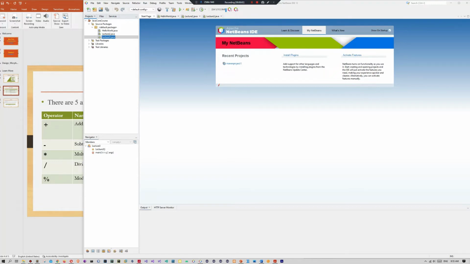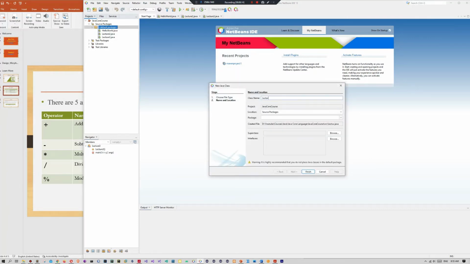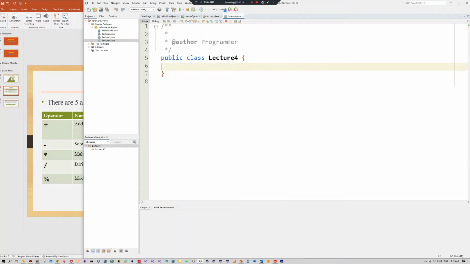Hello guys, let's start practicing arithmetic operators and integer division. Let's create a Lecture4 class and add the main method.